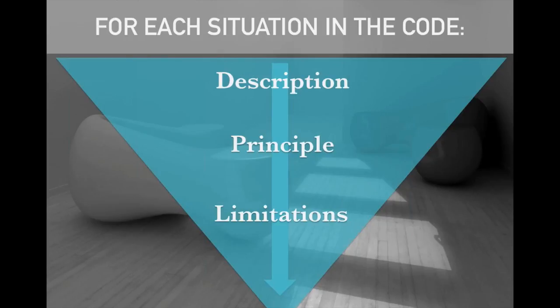The code section begins with a description of the problem area, and that description is very important because the scope of the fair use principle that the code describes is, of course, coterminous with the description of the situation.